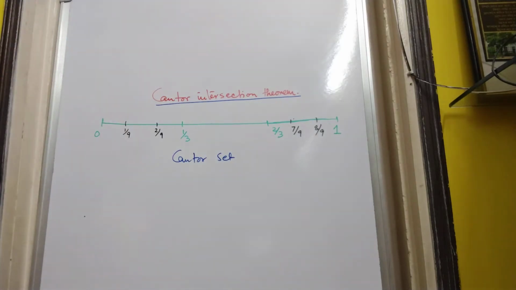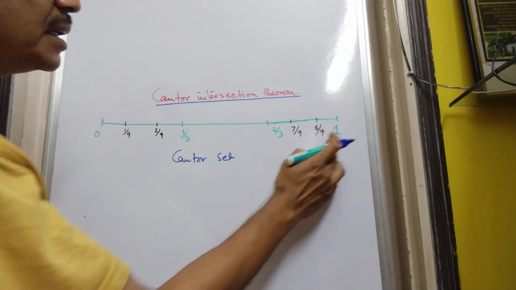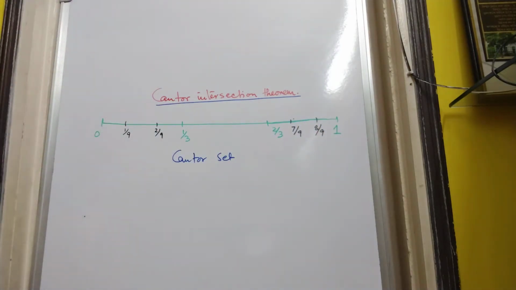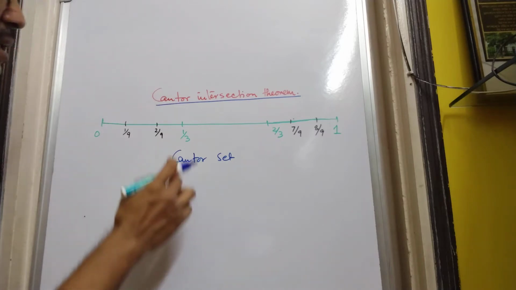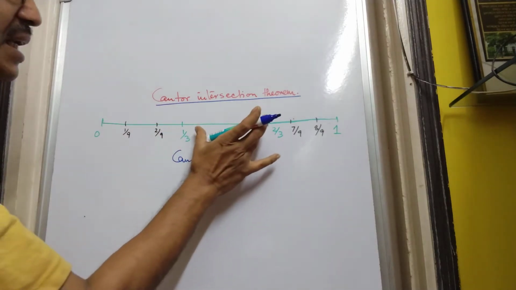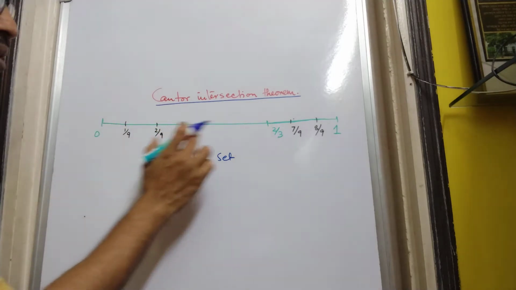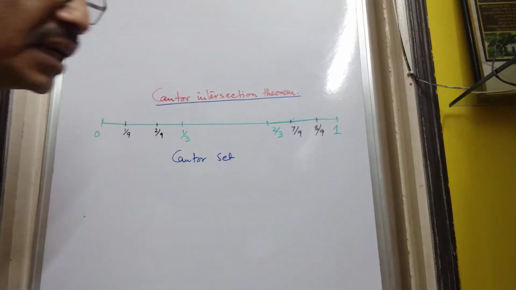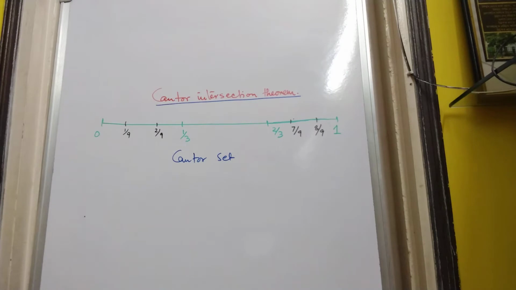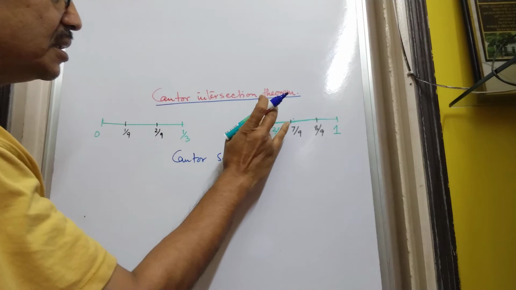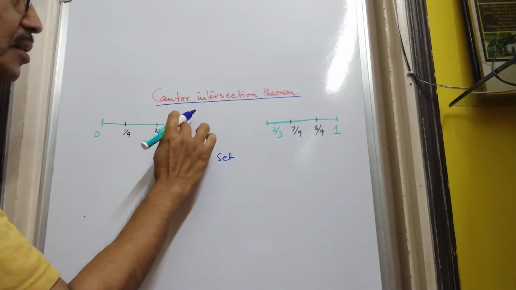We have first drawn with the green ink the interval 0 to 1, and then we have equally divided it in three parts. So this is 0, this is 1/3, this is 2/3, and this is 1, 3 by 3. And we remove this middle third.